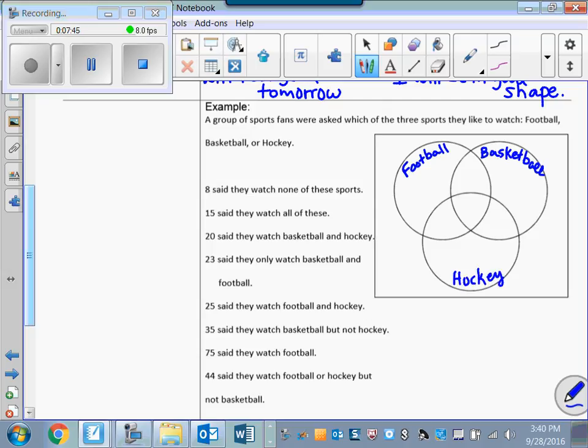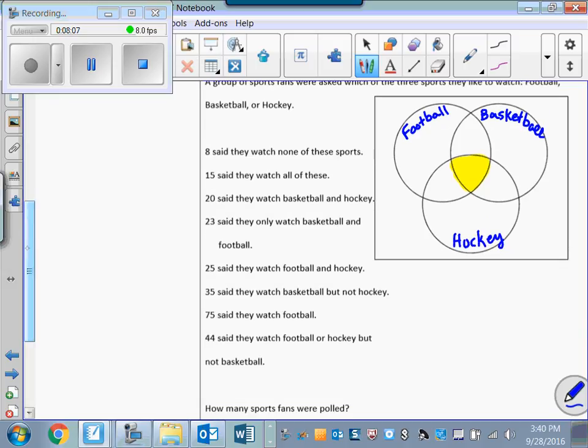Okay, and what I want to do is highlight the and. The intersection of all 3 of these sports would be this little area right here. This is the and. So the place you want to start when you're doing these 3 circle Venn diagrams is look for the people who do all 3 of those things. 15 people said they watch all 3 of these.